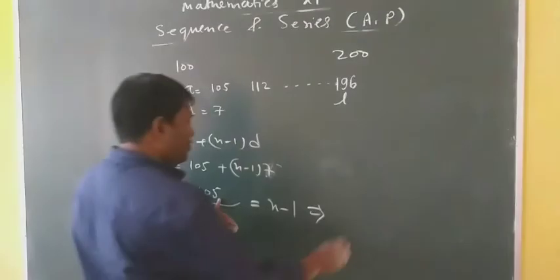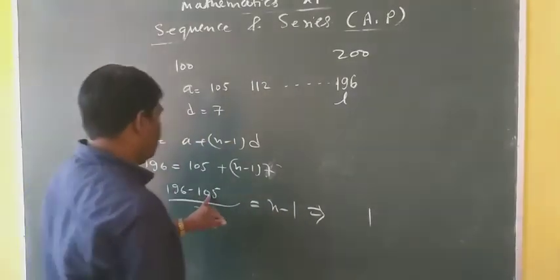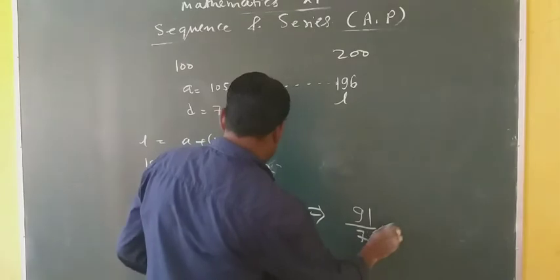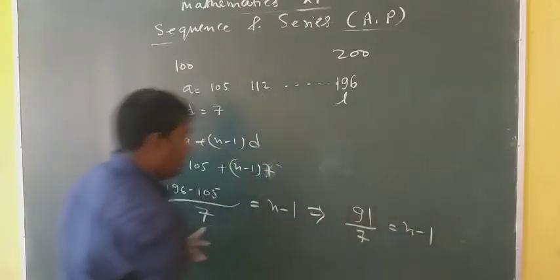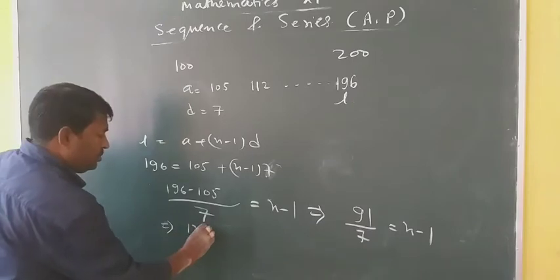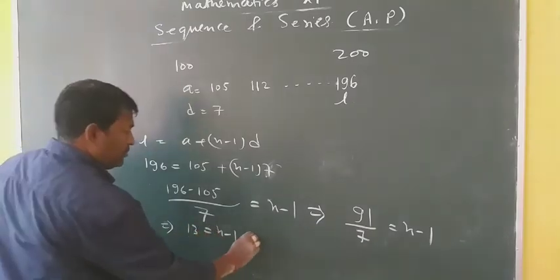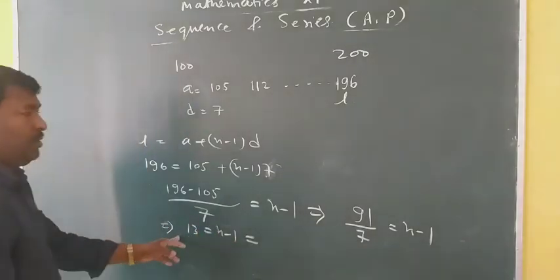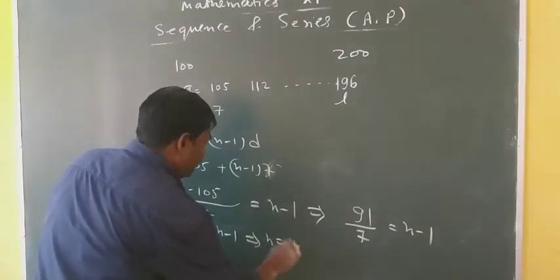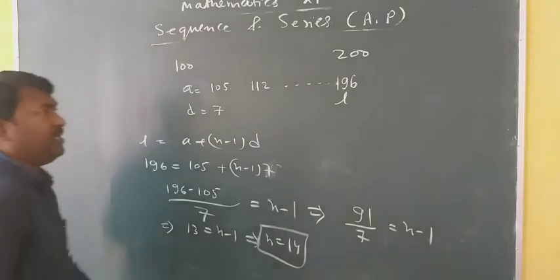Now this implies how much? 191 minus 10 upon 7 is equal to n minus 1. Now this implies 13 is equal to n minus 1, and it implies that n is equal to 14. So 14 terms are there.